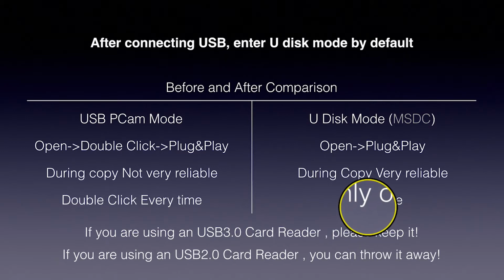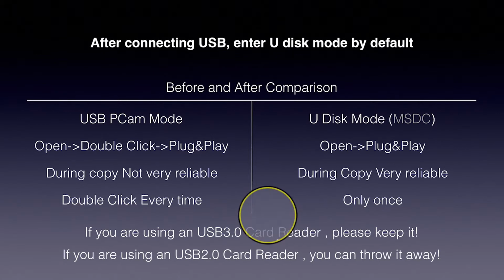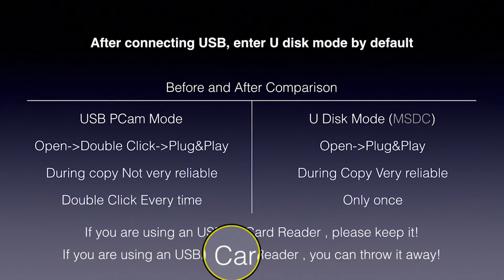And once you open the camera, it's done. You don't have to double click every time to enter UDisk mode. So after the V70 firmware upgrade, this camera can double as a card reader. But the card reader is USB 2.0 speed. So if you are using a USB 3.0 card reader, taking the micro SD card out of the camera and putting it inside a USB 3.0 card reader, I recommend you keep doing that, because the USB 3.0 read and write speed is really faster than USB 2.0.